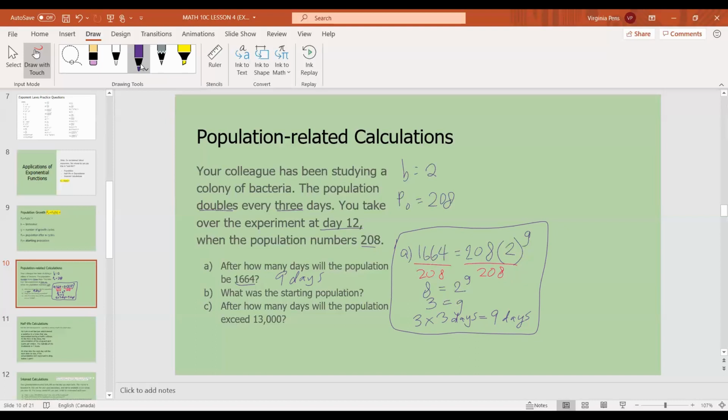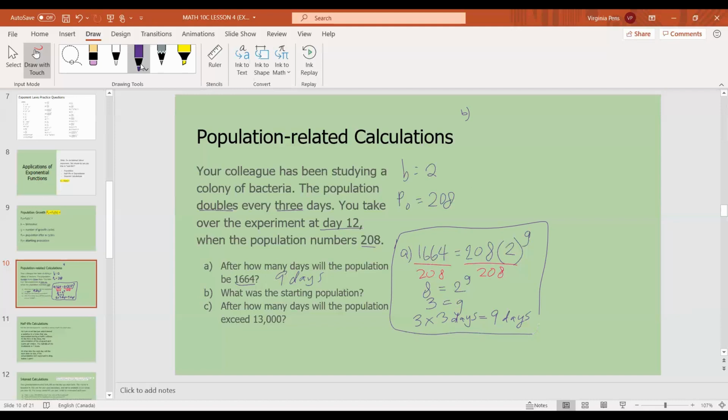But this time, with the Pn value, you're actually going backwards, which means that the growth cycle will be negative. It's kind of hard to understand, but I will write it out. Let's process this information first. So we want to find the starting population, so how big the population was at day 1.